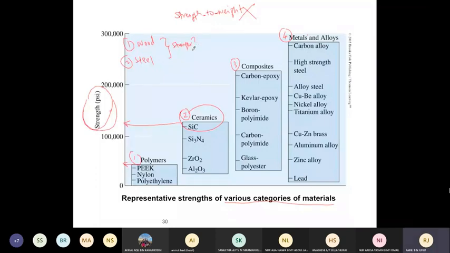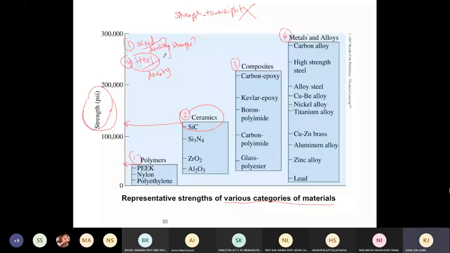You may think that the stronger material is steel. Okay, steel is stronger. But in order to make a fair comparison, you have to divide the strength of the steel by the density of this steel, and the strength of this wood by the density of this wood.